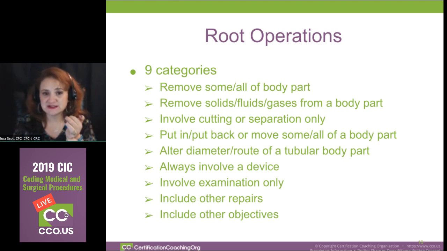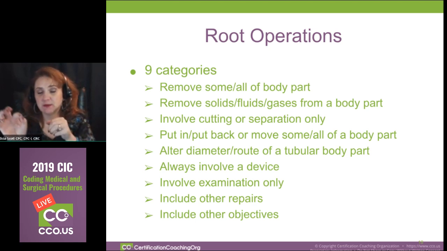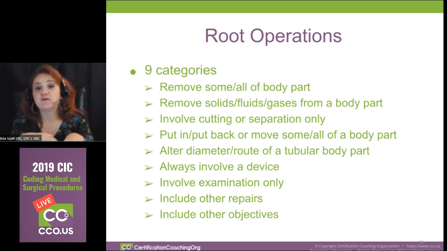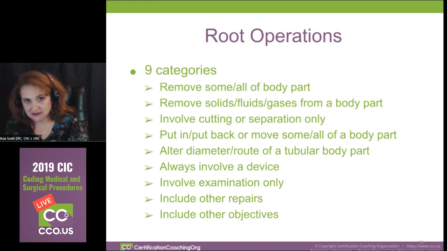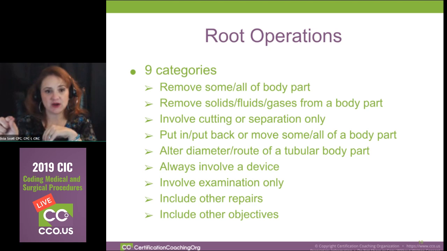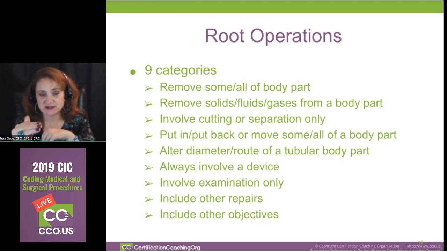They're both removing something, but are we removing some or all of a body part, or are we removing something from a body part? Key. The root operations in that second category are not going to be the same root operations that are in that first category. The words of the root operations may overlap in some of these, but we have to remember, what are we actually doing?